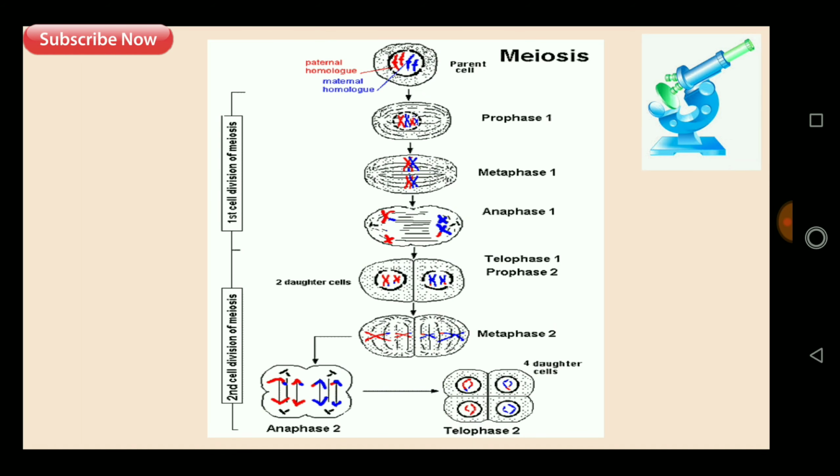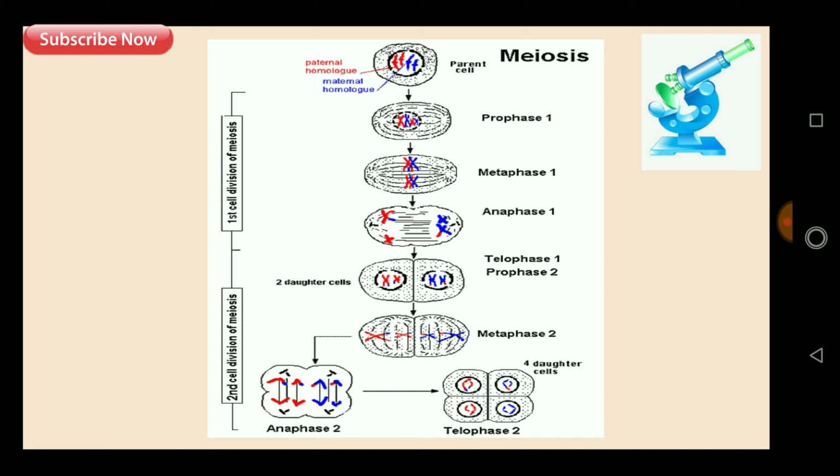Now see, this is the graphical representation of the different stages of meiosis, showing how the chromosomes divide and reduce from the particular parent cell. See here in this figure the prophase first, metaphase first, and anaphase first stages. In prophase first, zygotene is the particular stage in which the synaptonemal complex is developed.